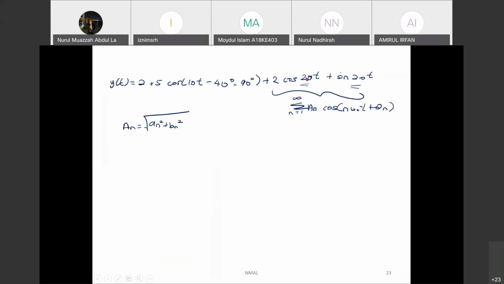For this equation, an here is the cos component, bn here is the sine component. So an is 2, bn is 1. Okay, so 2 squared plus 1 squared, square root, you will get 2.24.